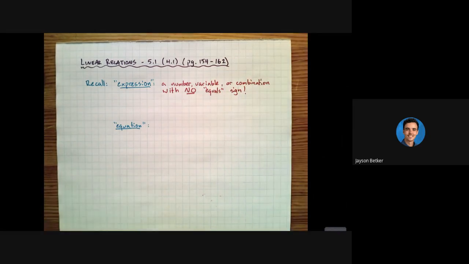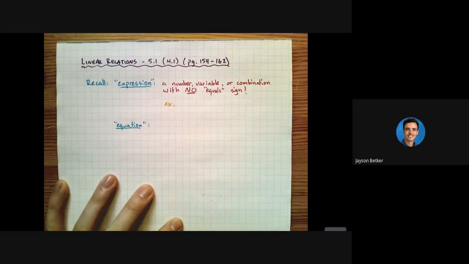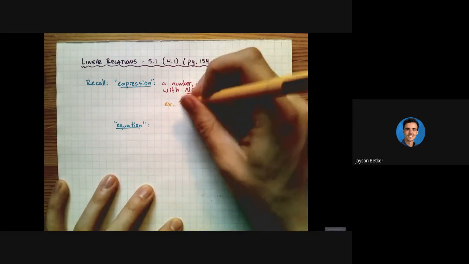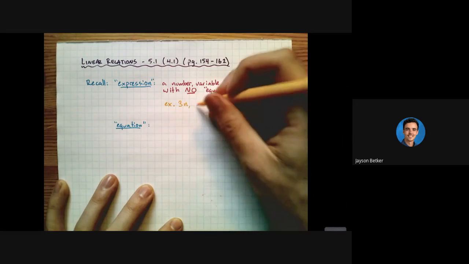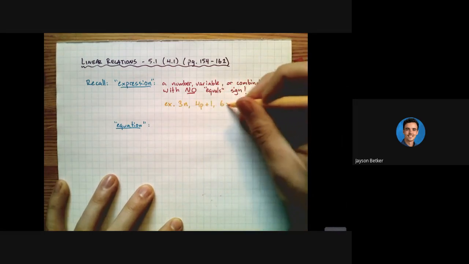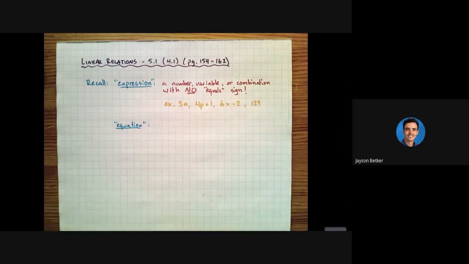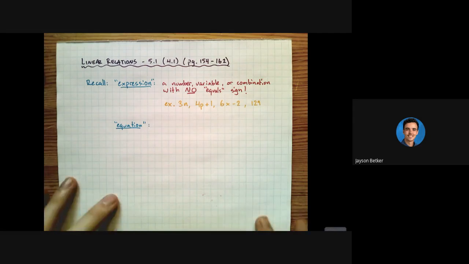No equal sign. Okay, so our example, let's get a different color here. Let's use yellow here. Our examples of expressions could be 3n, could be 4p + 1, could be 6x - 2, could be 129. Okay, but you'll notice that all of those don't have equal signs in them. It's because they're expressions, they're not equations.